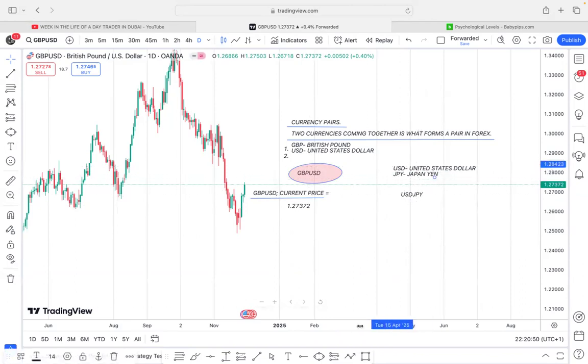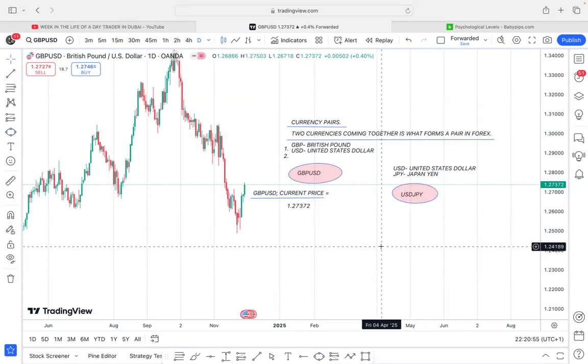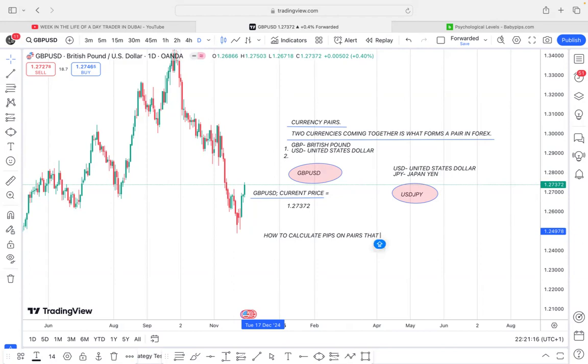I'm still going to check the current price of USD JPY and use that for my second example, because I have to let you understand how to calculate pips on pairs that are non-JPY, meaning that they are non-Japanese yen.